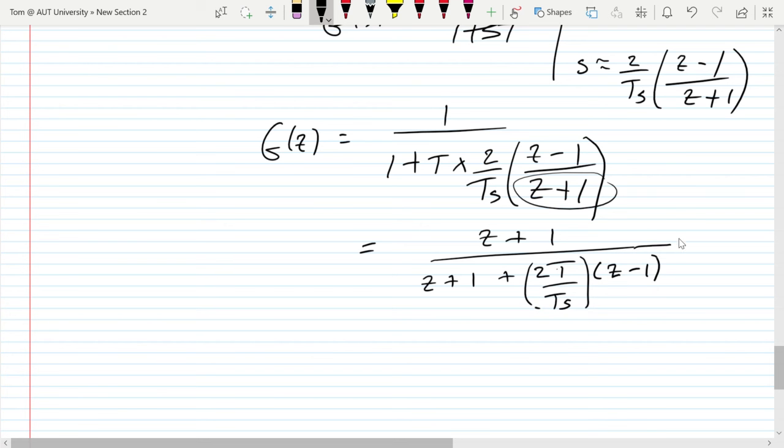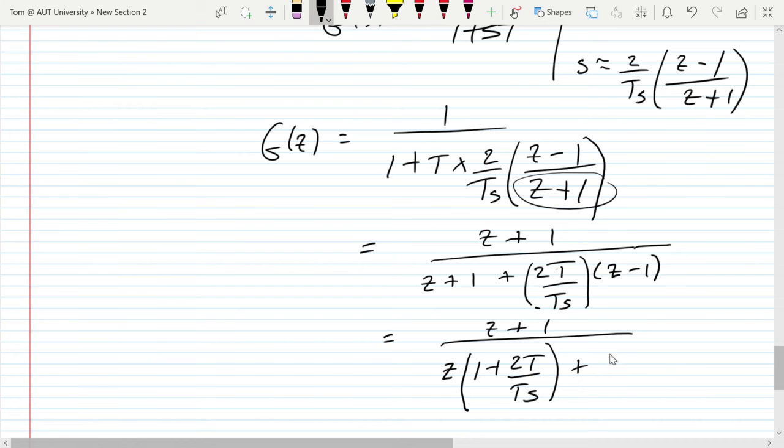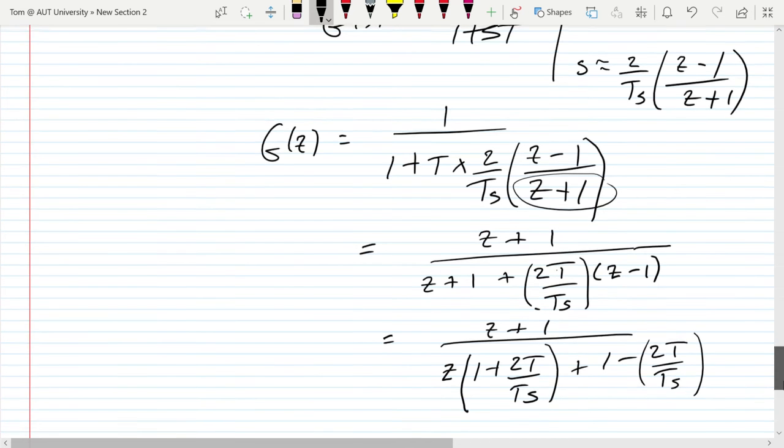Then you want to collect the terms together. The numerator is easy, it's z plus 1. Then you're going to get z times, well, what is it, 1 plus 2T over Ts, plus 1 minus 2T over Ts. So that's the same variable there, the 2T over Ts, so that's handy.